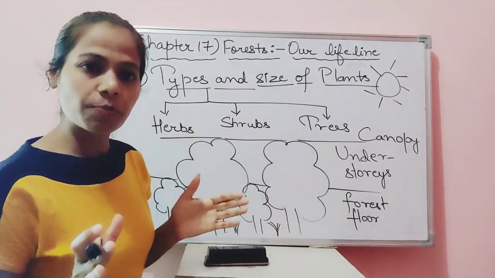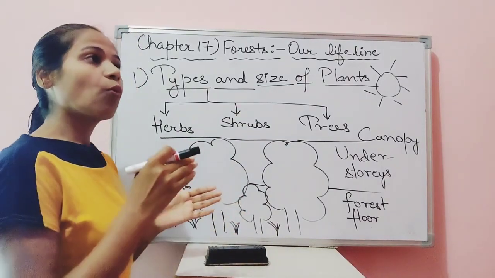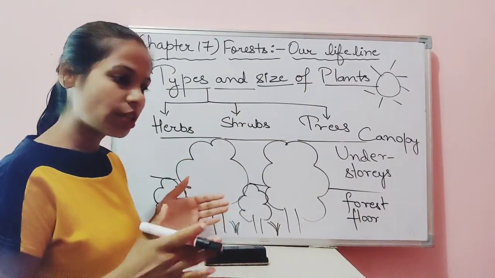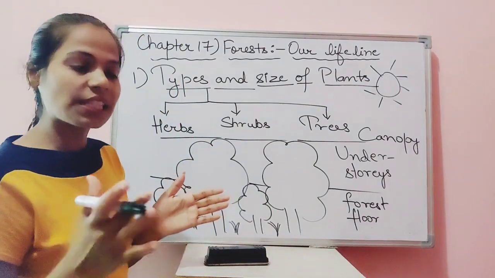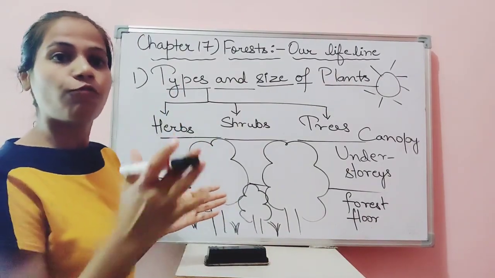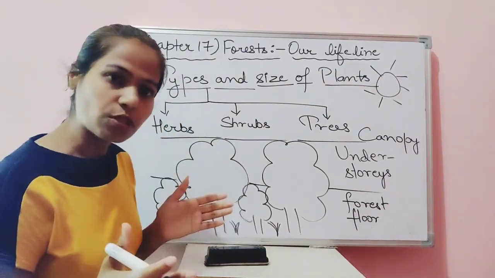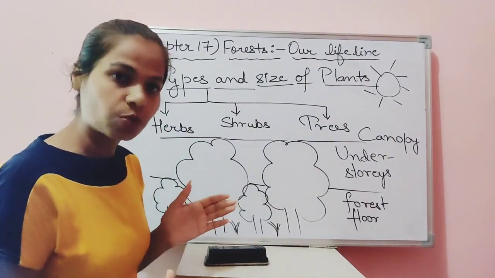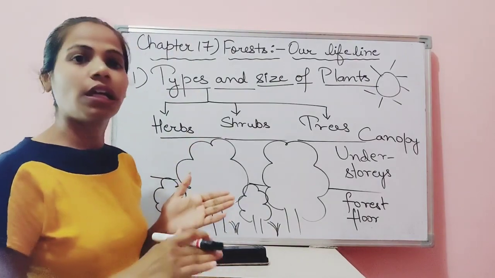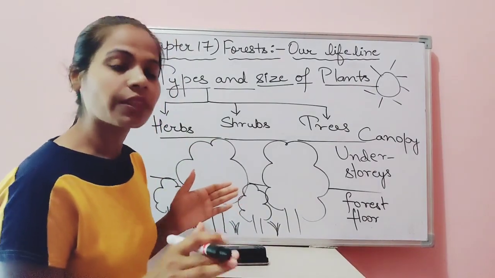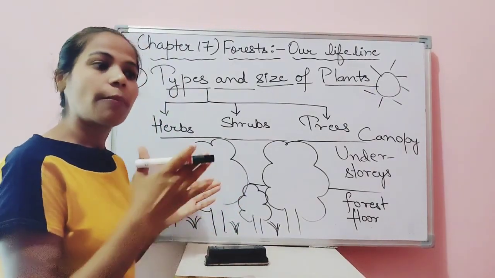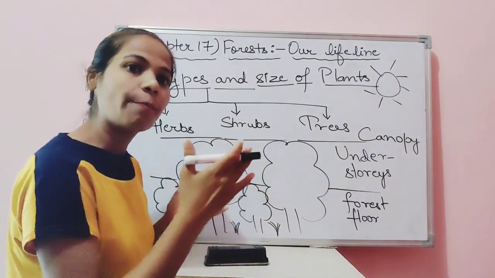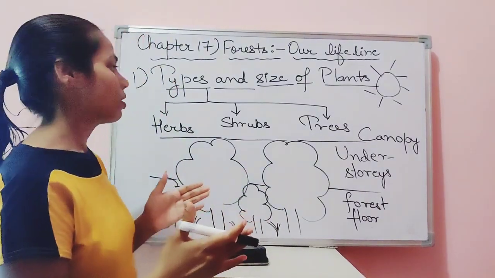Herbs are those plants, children, which have branches, leaves, flowers and fruits. They do not have any woody tissue. For example, the field plants like paddy, jowar, bajra, etc.